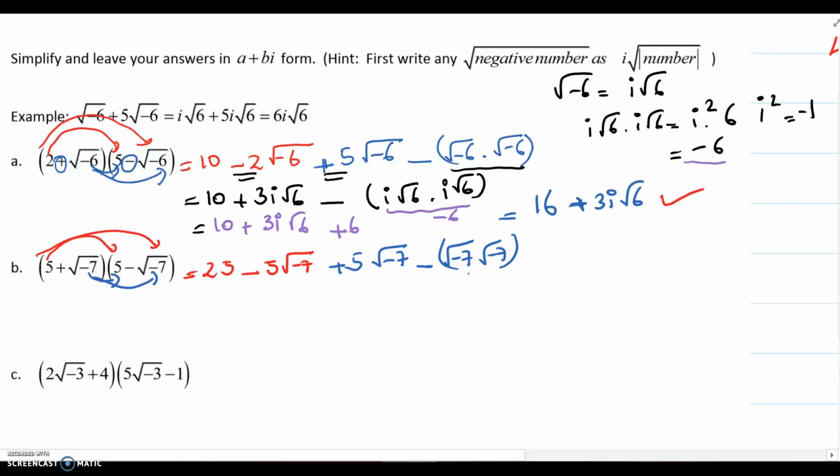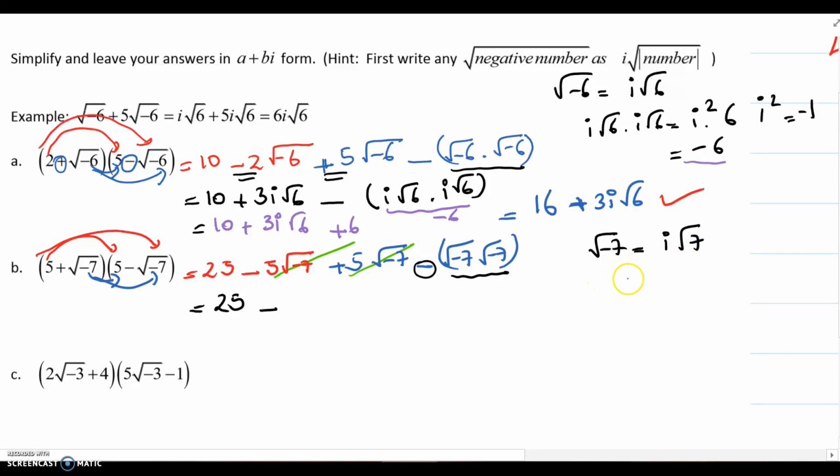First those two terms will be gone, and we're going to end up with 25 here. So what is going to happen there? Let's put that negative here. Square root of negative 7 will be equal to i times square root of 7.